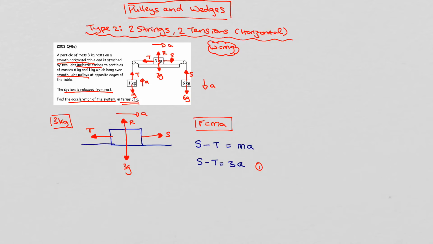We're now going to repeat that for the other 2 particles. So I'm going to do the 1 kg next. So for the 1 kg, we only had 2 forces acting on it. We had tension pulling it up, and we have its weight pulling it down. And it was the lighter of the 2, so it's going to be pulled up. So it's accelerating in an upward direction.